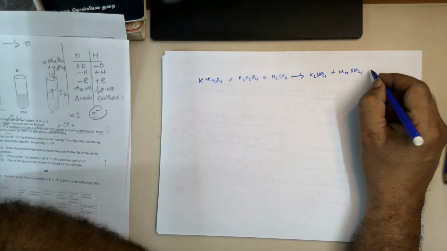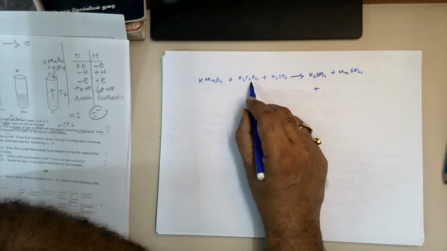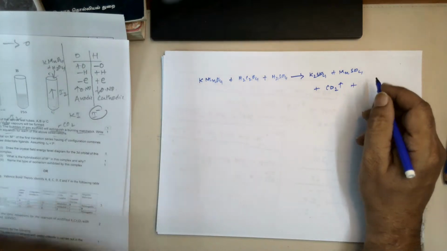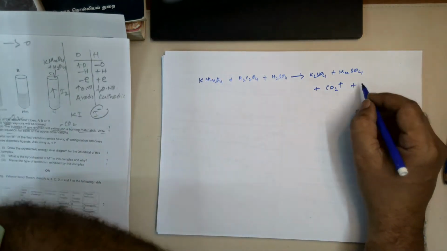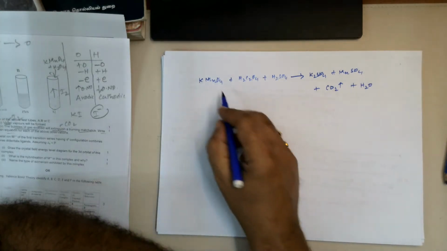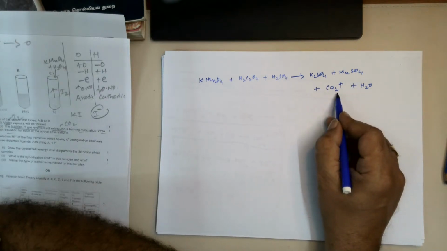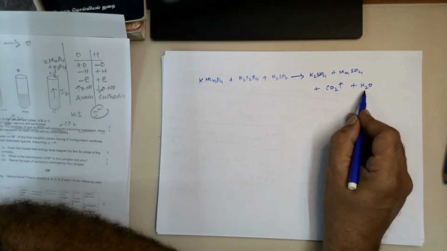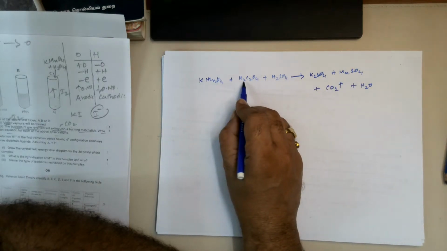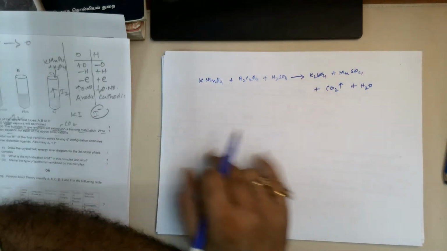Okay, then this oxalic acid releases carbon dioxide, plus water, H2O. So KMnO4, H2C2O4, H2SO4 gives K2SO4, MnSO4, and carbon dioxide is released here, plus H2O, so water. Okay, now you just look at it. At this point, we can solve this with the oxidation number technique, because we have to balance it.